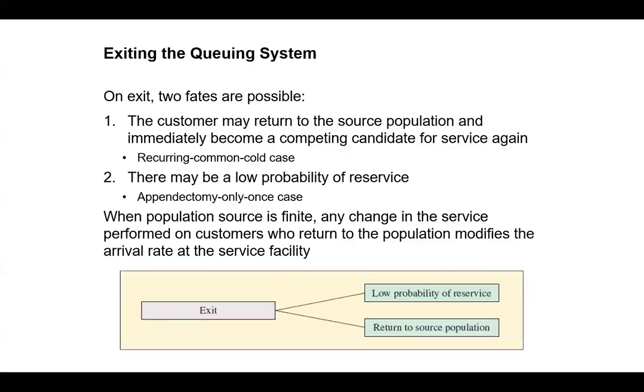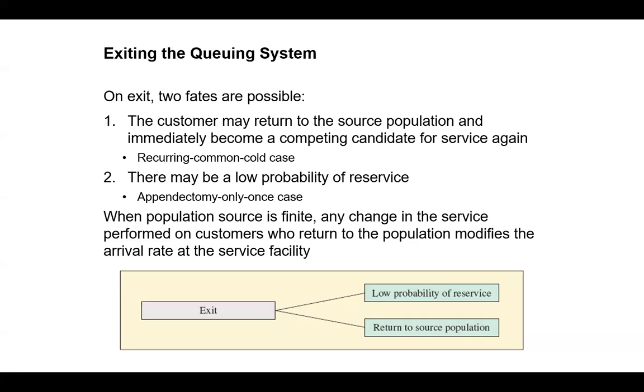And the last thing I'd like to introduce is the exit, exiting the queue system. When we talk about exits, we probably have two potential scenarios. One is that the customer returns to the population of arrivals, or they just leave the whole company's service process.